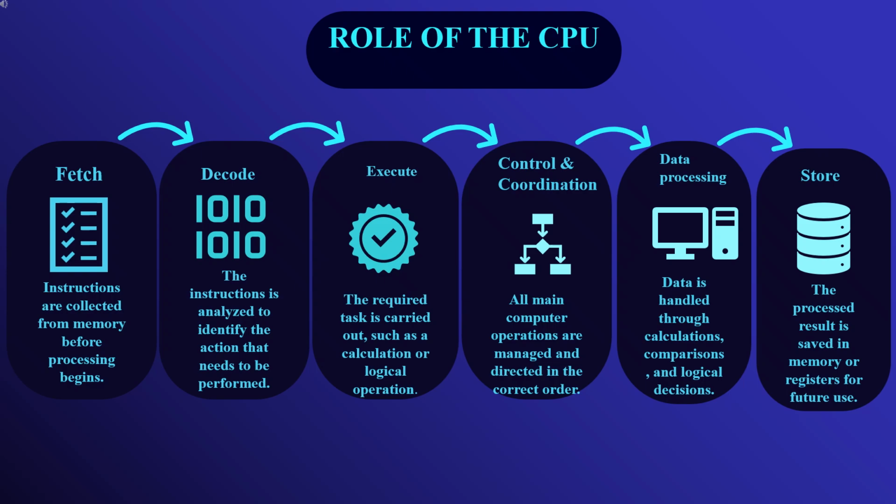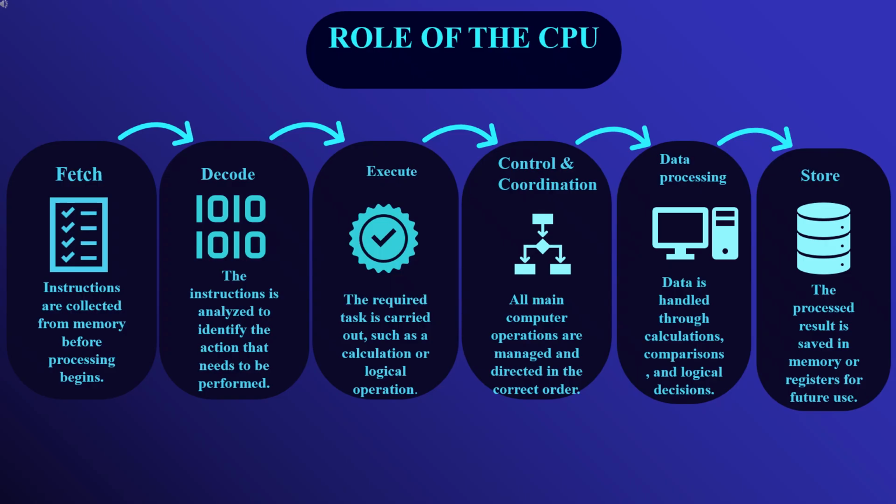Okay, now that we know what's inside the CPU, let's talk about what it actually does. The CPU follows a repeating cycle to process every single instruction, and this cycle has several stages. The first stage is called fetch, where the CPU collects an instruction from memory before any processing begins. Next comes decode, where that instruction is analyzed so the CPU can understand exactly what action needs to be performed. After that is execute, where the required task is actually carried out, whether that's a calculation or a logical operation.